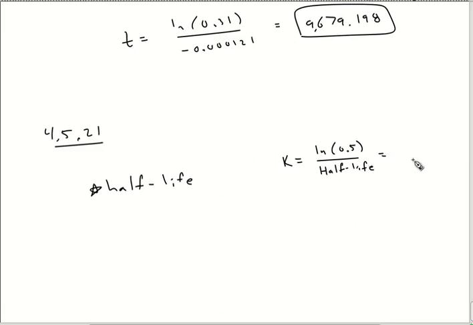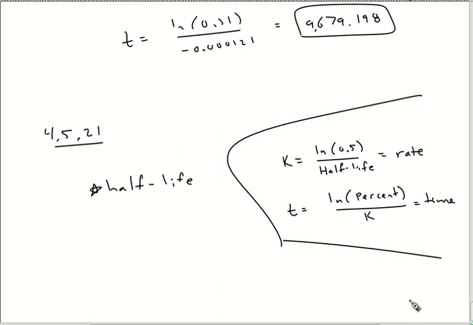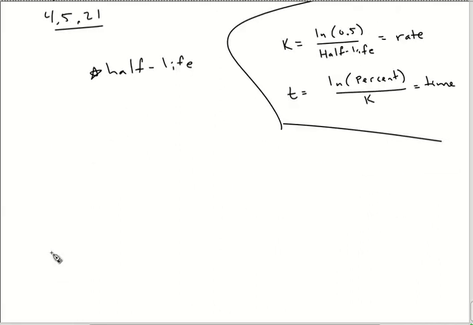And so this is my rate. And then T, my time, is ln of some kind of a percentage that they give you divided by the K, the rate that you just found. So this is going to be my time. It depends on what they're asking for, but these two formulas here are definitely note card worthy, and I use them all the time throughout the half-life section.